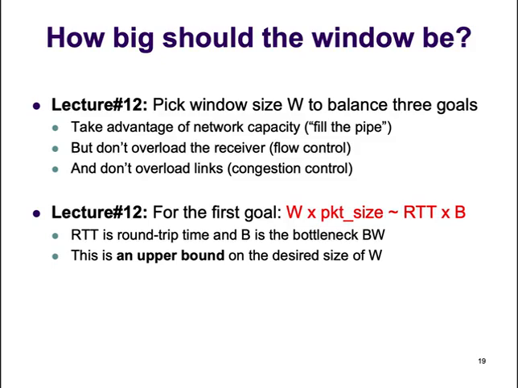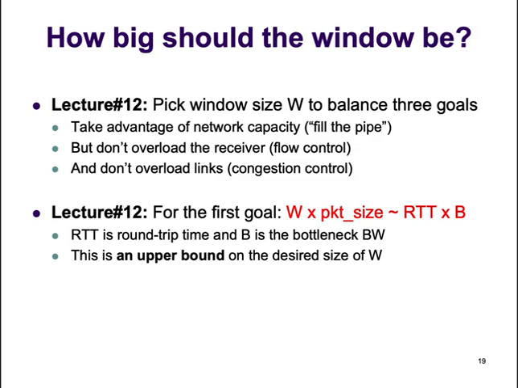So the duration for which I can send at the rate B is my round trip time. Ideally, I would like a sender to be sending at that bottleneck rate for the entire duration of the round trip time. That means I send a packet, and by the time that packet's ACK comes back, that's how many bytes I could have sent into the network. Does that ring a bell? People good with that?